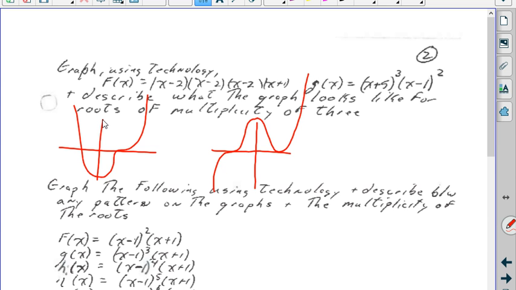So you should get shapes that look similar, because again, I'm sketching to that. The one that I want here is this point here. Now, like I said, your graph is not going to be as obvious. But what you see there is what's called a point of inflection.